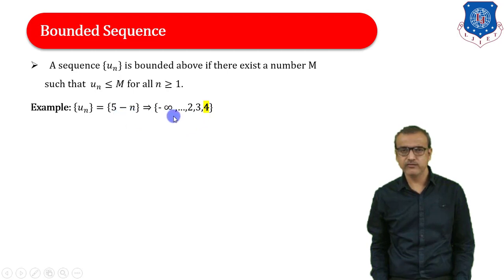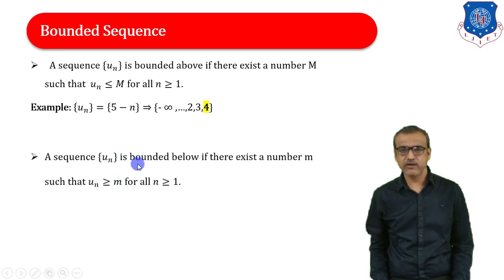For n = 2 it is 5 − 2 is 3. Then for n = 3 it is 5 − 3 = 2, and so on up to minus infinity. For n greater than or equal to 1, the values of 5 − n will not exceed 4. So we can say that for n greater than or equal to 1, the value of u(n) is less than or equal to 4. So we can say that this sequence is bounded above.